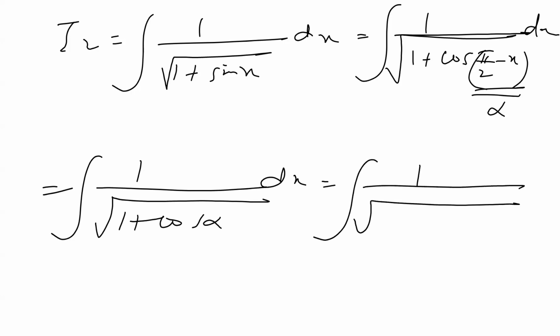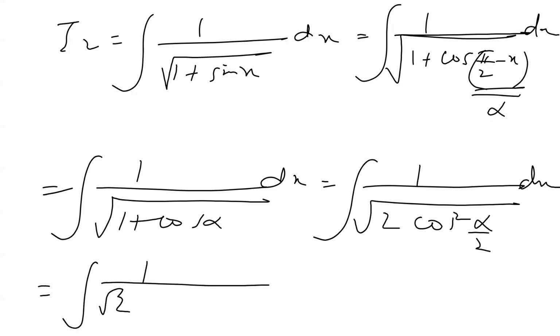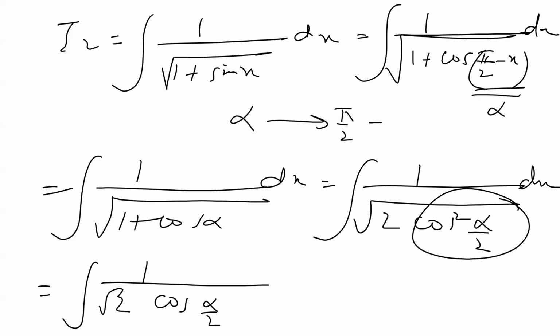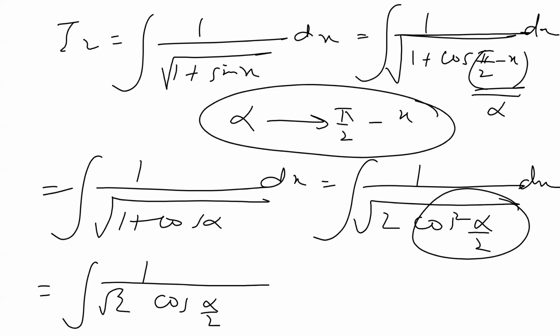So it will be 2 cos square alpha by 2, and the square root of this cos square is cos alpha by 2. Now alpha is pi by 2 minus x. So alpha by 2 will be this entire thing divided by 2. So it will be pi by 4 minus x by 2.